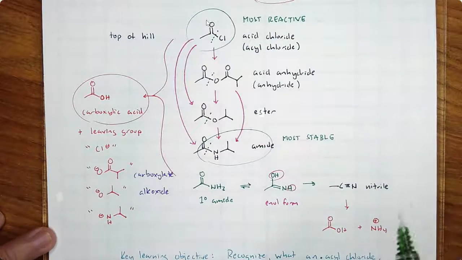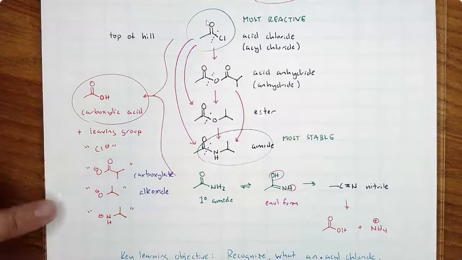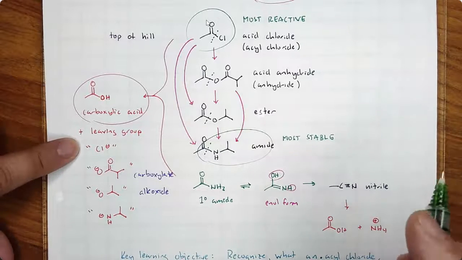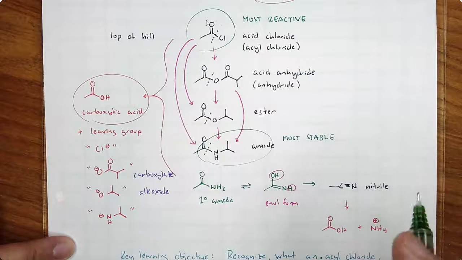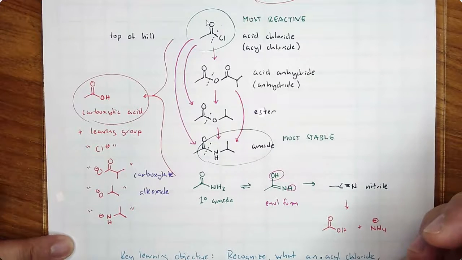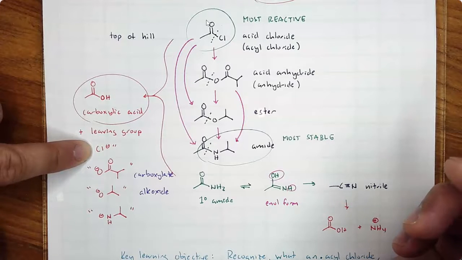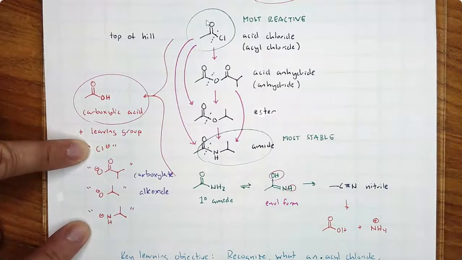And that's because, I'll give it away a little bit, just in part, because of the stability of the leaving group. There are other reasons that I'll go over in the video, but I think the reason that most students like to remember is that that's a very stable leaving group compared to that, right?